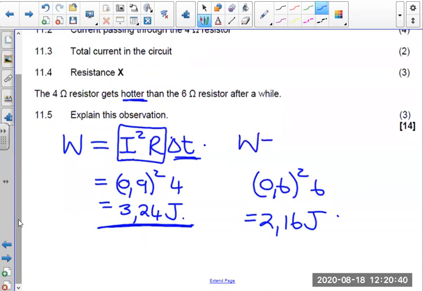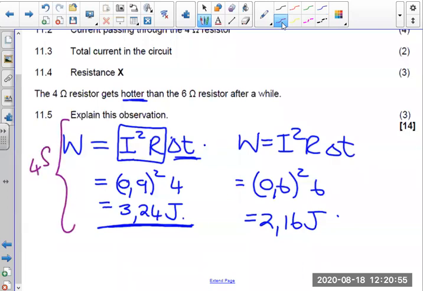Let me just write this down. I squared R delta T. For this one, it is the 4 ohm resistor, and this one is for the 6 ohm resistor. We have to indicate that the time remains the same.